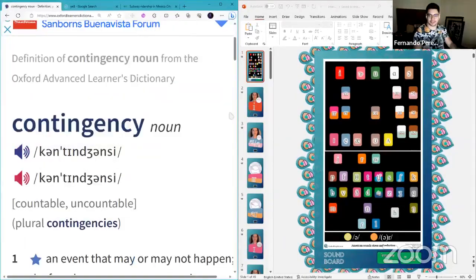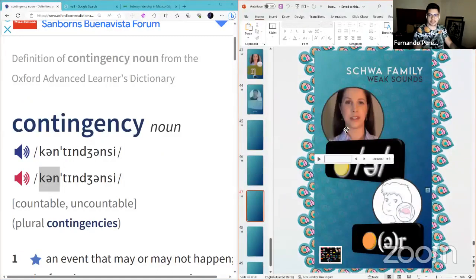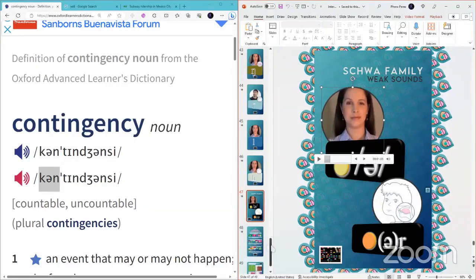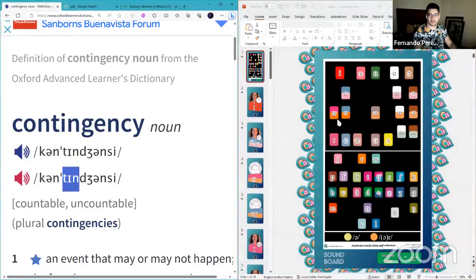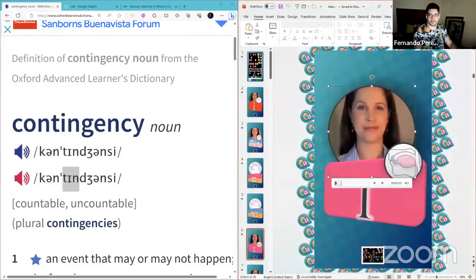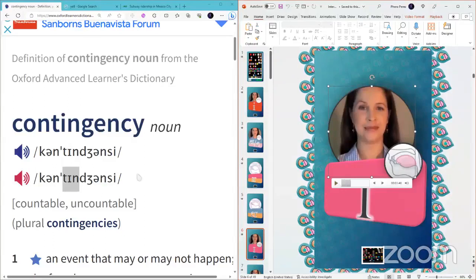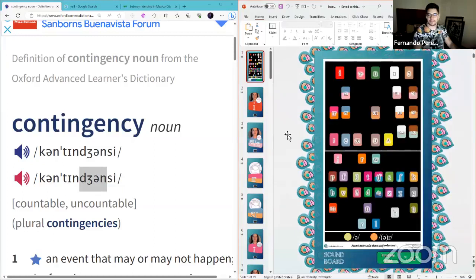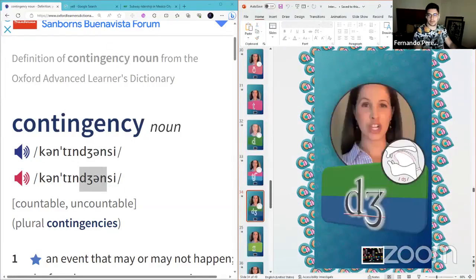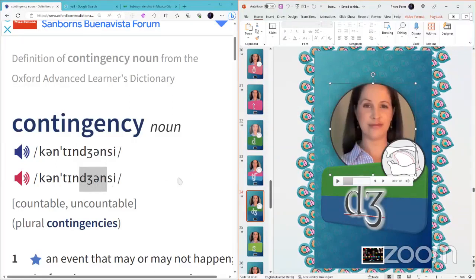Let me help you with the symbols, okay? Syllable number 1. The vowel is this. Can. Excellent. Syllable number 1, can. Syllable number 2, ten. Correct. Can-ten. Syllable number 3. Contingency. Excellent.